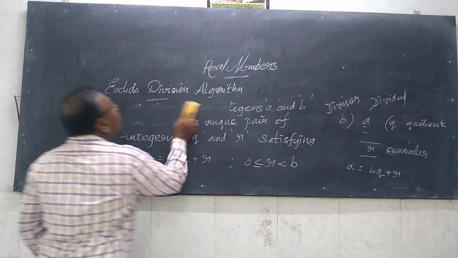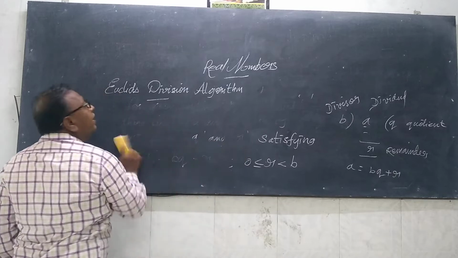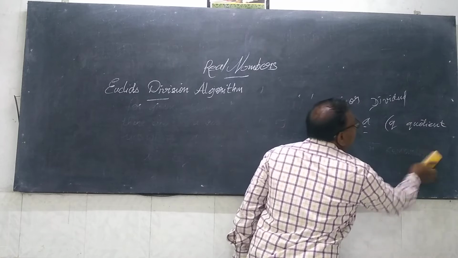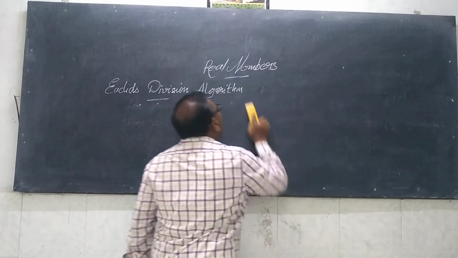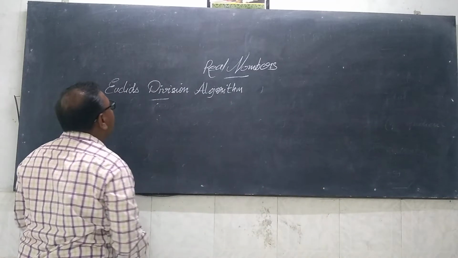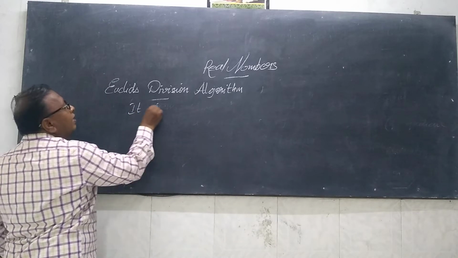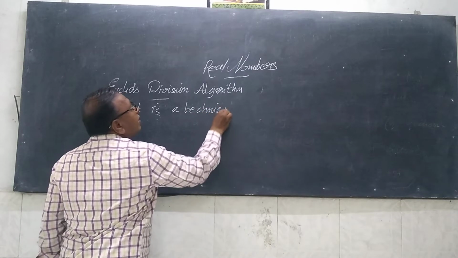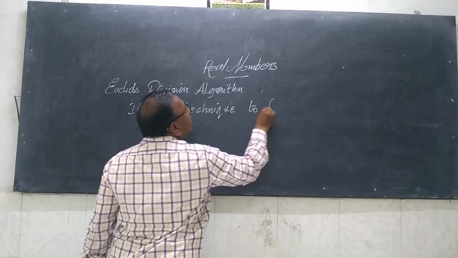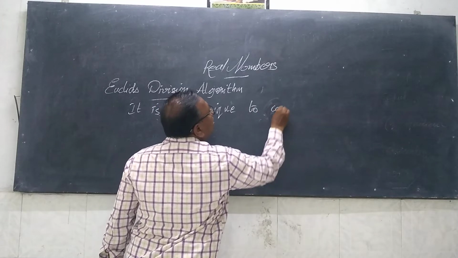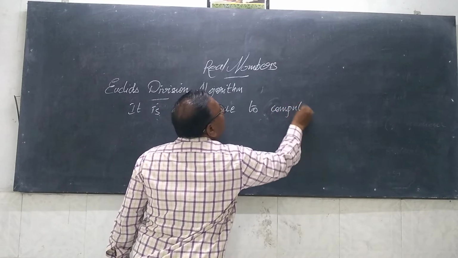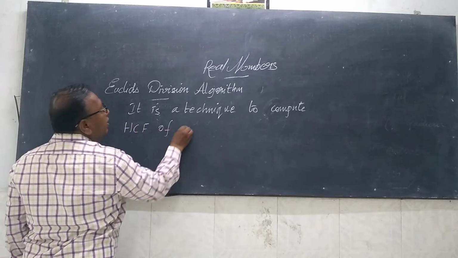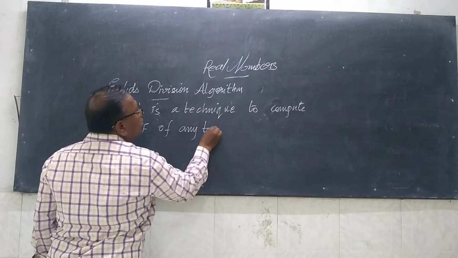This is a technique with the help of which we can find or compute the HCF, highest common factor, of any two numbers.